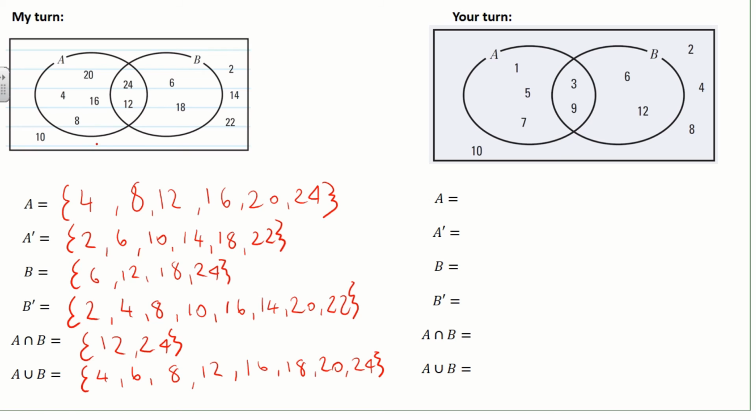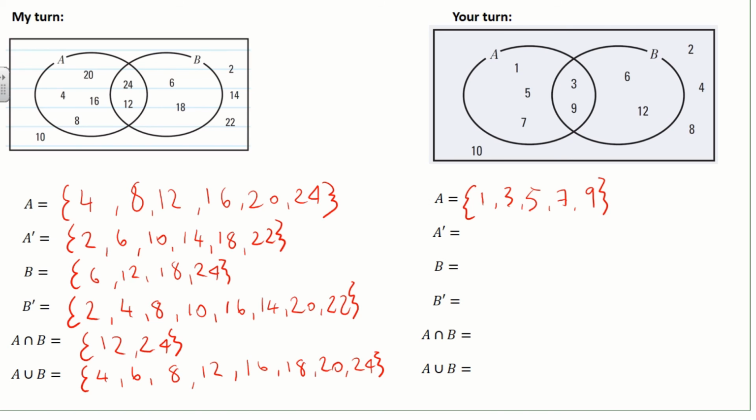Okay, so just quickly going through the solutions, the last thing that we need to finish off doing today. So for A over here, we've got 1, 3, 5, 7, and 9.